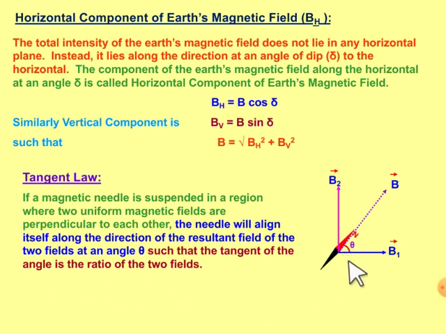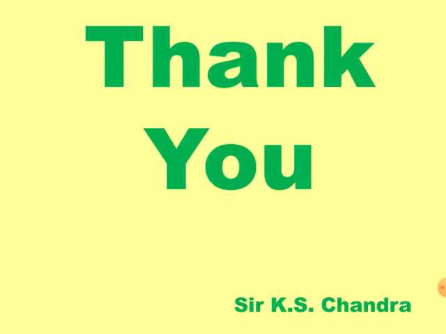So tangent of theta is B2 by B1, and as I have already shown, it comes from B sine theta divided by B cosine theta. When you cancel B, you have tangent of theta. This is what we call the tangent law, and with this we come to the end of today's class. Thank you.